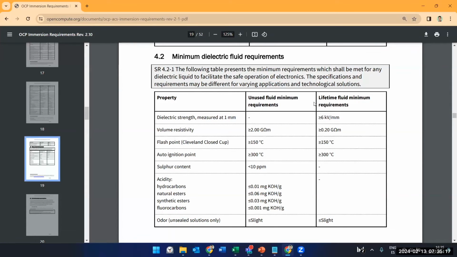To take it to an extreme, there are even things like unrefined cooking oils that could almost fit these requirements, but clearly wouldn't be suitable for use as immersion fluids. So that's the kind of thing we're trying to address here, in terms of defining new properties or things that we can control to ensure that minimum level of quality.